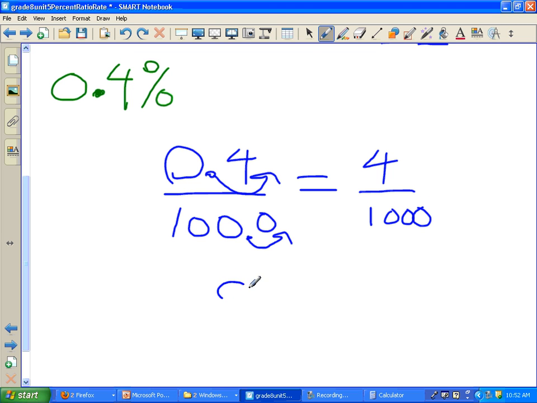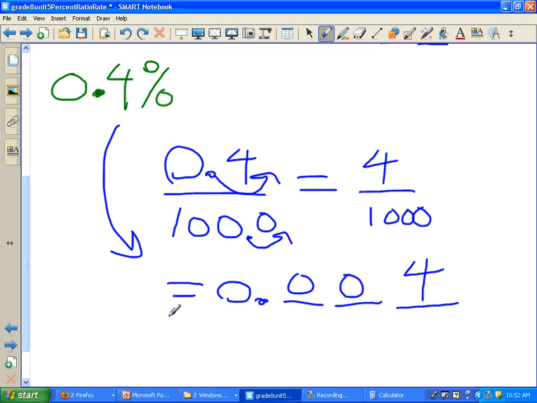Of course, we can write that as a decimal because we'll need 1, 2, 3 decimal places, and we'll put the 4 in the 1,000th place and put zeros in front. So 0.4% will equal, as a decimal, 0.004.